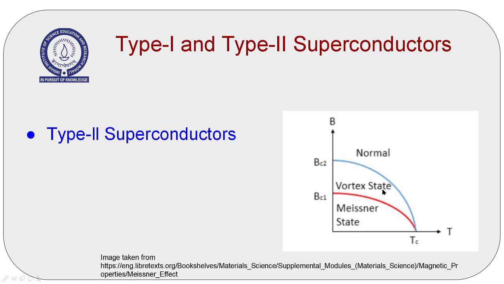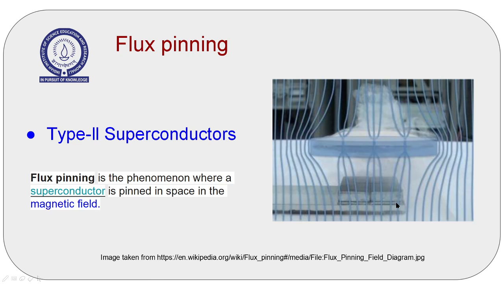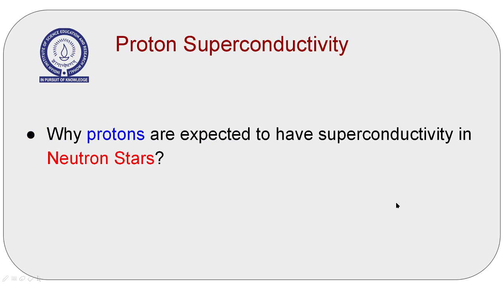Based on this concept, scientists speculated that neutron stars should have type 2 superconductivity, but there has been research going on which claims that type 1 superconductivity is also possible in neutron stars.